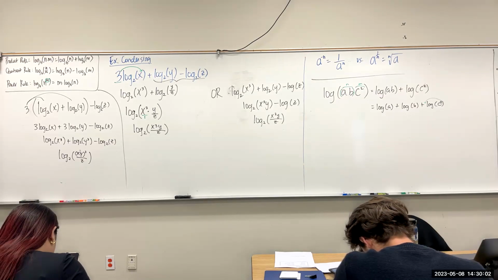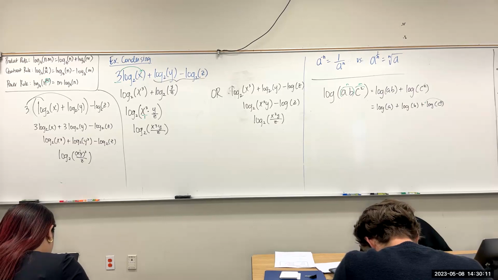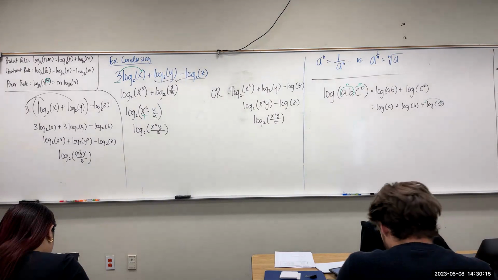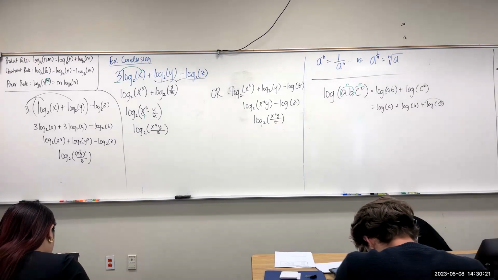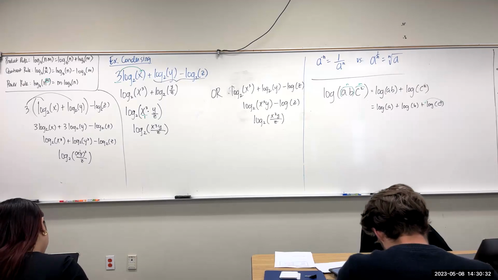So when you're doing this rule, for each side, ignore everything else and just focus on that. Exactly. And so there's 1/3. Think of that 1/3 as the exponent. And then you're going to use the power rule for this one and this one separately.